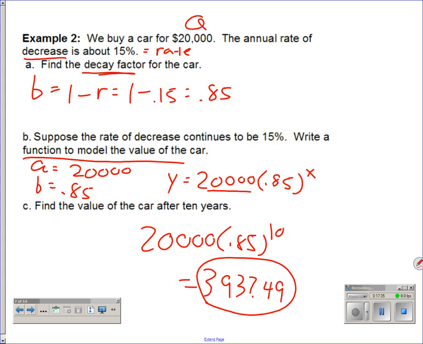That makes sense to me. I mean, a 10-year-old car going from 20,000 down to about 4,000 is about right. I got a 2008, I got 2009, and I bought it for about that much. Makes sense. Questions on that one?